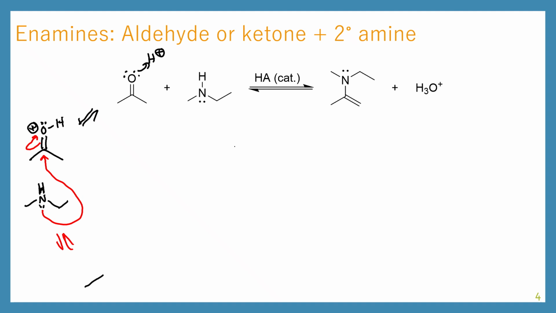So this gets me almost to that hemiaminal. So this time I'm going to have a hydrogen attached, I'm going to have a methyl group, and I have an ethyl group, all on this one nitrogen, which does not have a lone pair anymore. It has a positive charge. So I need to deprotonate this before I can move forward.